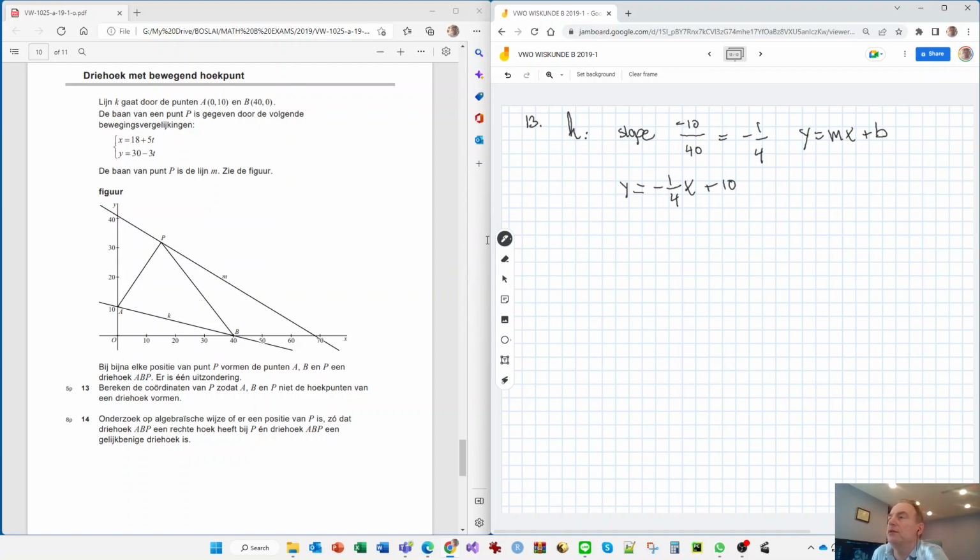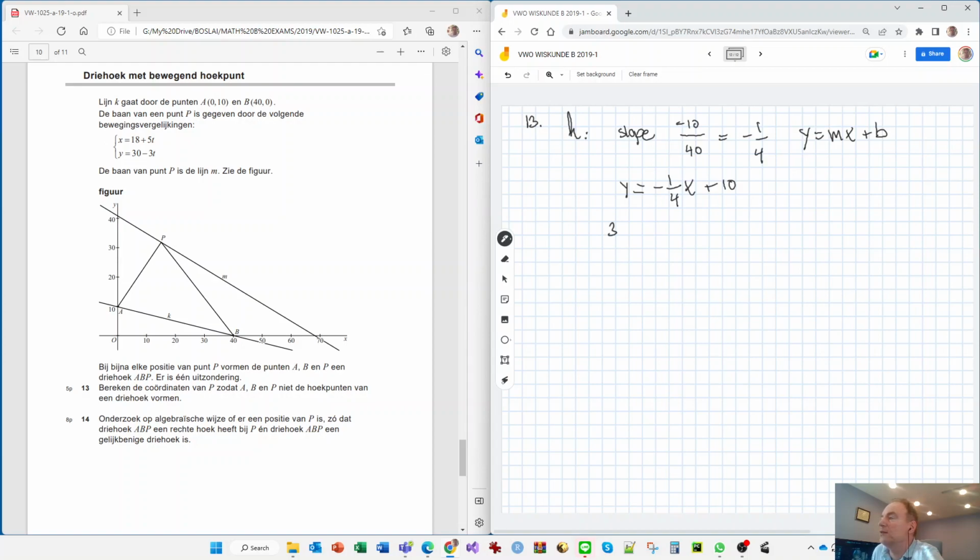And I want to intersect with this, so I substitute x and y of this parametric curve.